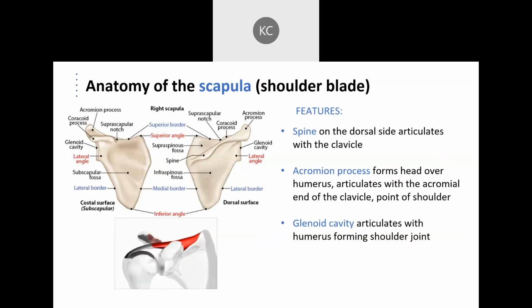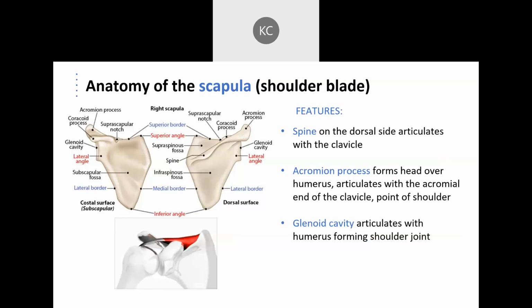On the posterior side, you also see what's called the acromion process. So you see this right here. Now, many of these bone landmarks and some of the bones themselves are named according to the anatomical region that they lie in. So if you recall from anatomical terminology, the acromial region is this region on the superior aspect of the shoulder. It's called the acromion region because in it you have the acromion process.